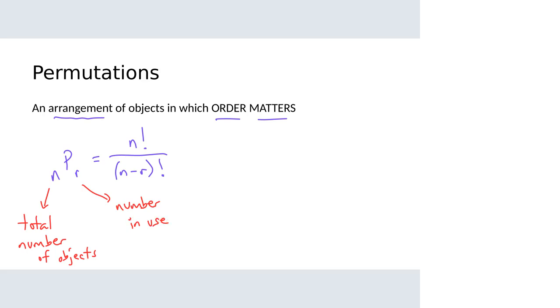In use might sound a little strange. What does that mean? Well, let's talk about our books on the shelf example. Let's say we have a total number of 9 books, but we only have room for 5 of them on the shelf. So the total is 9. The number in use, the number we can actually put on the shelf, would be 5. And I think these numbers will be really obvious for you when we start looking at problems of how the n and the r get put in there.